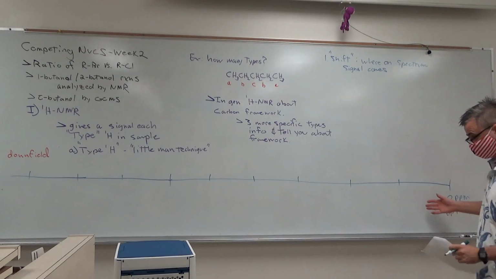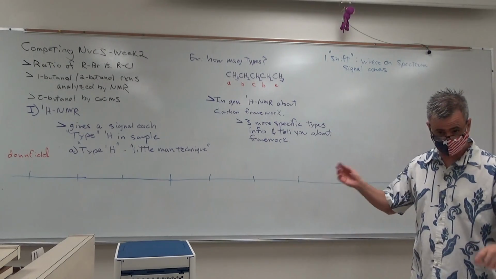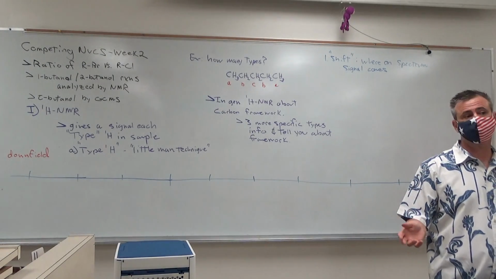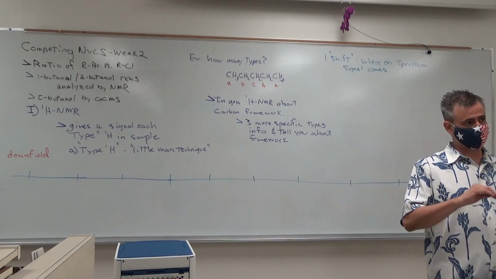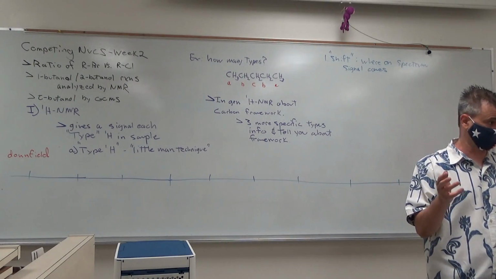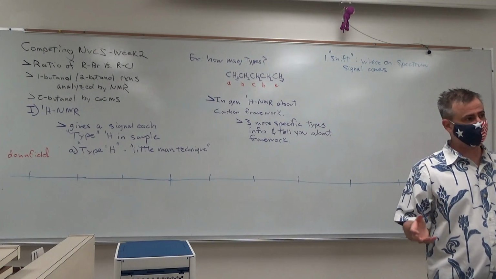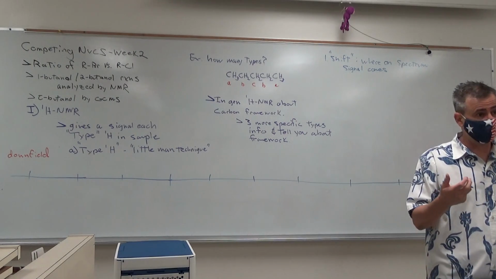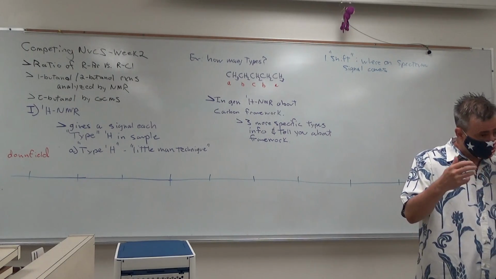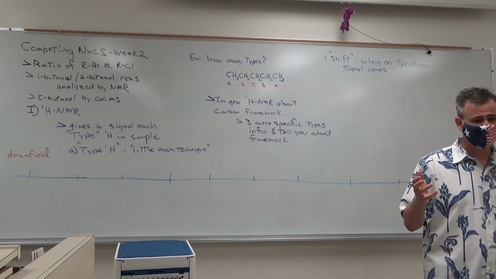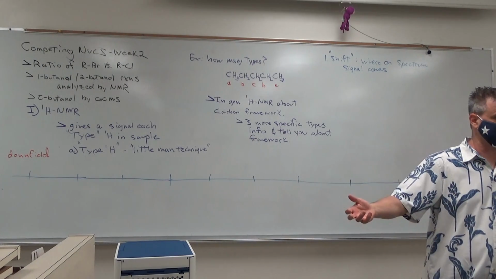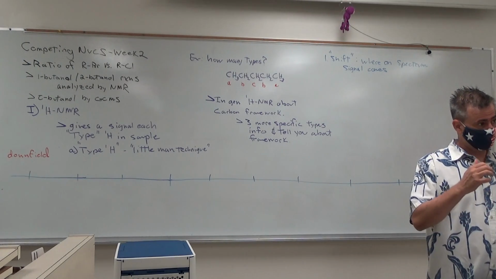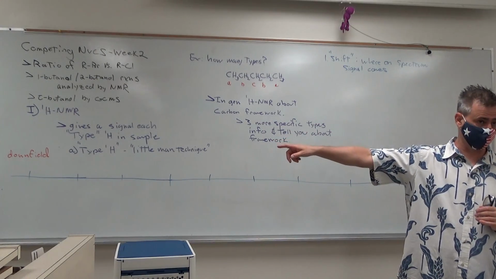Where you are on this spectrum has to do with what type of things are connected near you. As an oversimplification, but a pretty good one: the more electronegative, or electron withdrawing, the stuff around us, the more it strips us of electron density. The more we are in that environment, the farther downfield we are.